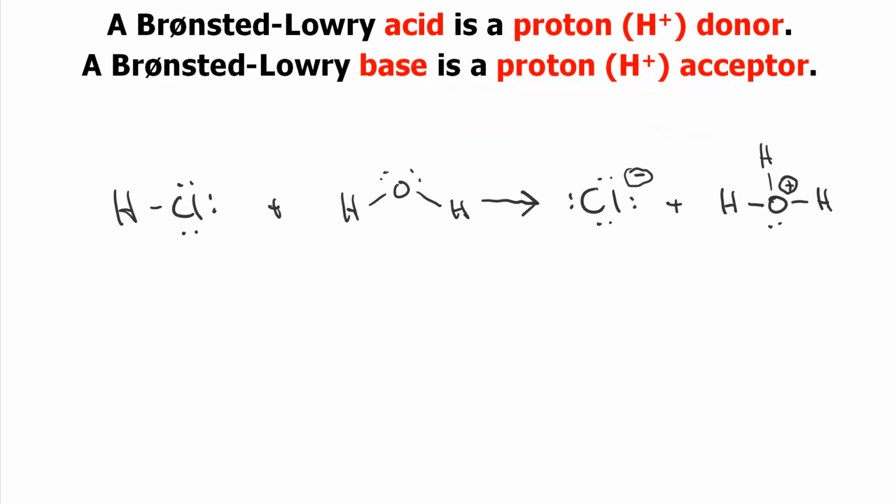Here are the Lewis structures showing the reaction that happens when you put hydrochloric acid, HCl, in water, H2O. The water actually acts as a base, and it steals the proton from the HCl. Right, so this arrow shows a bond forming. This arrow shows a bond breaking.